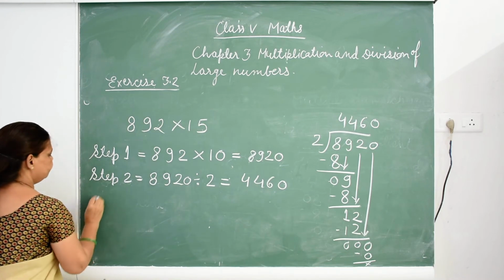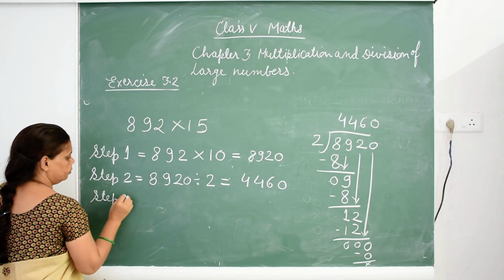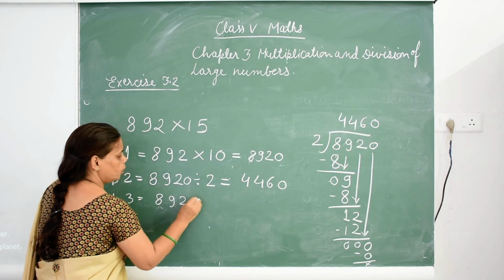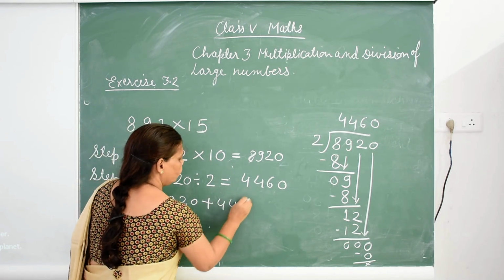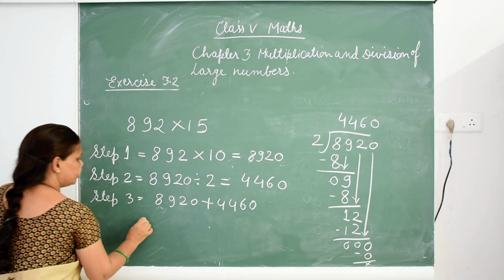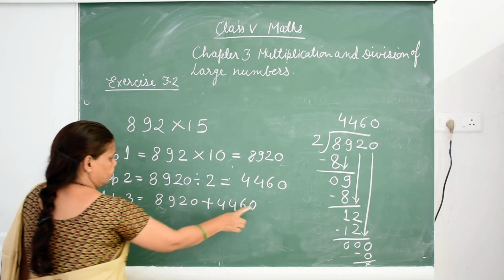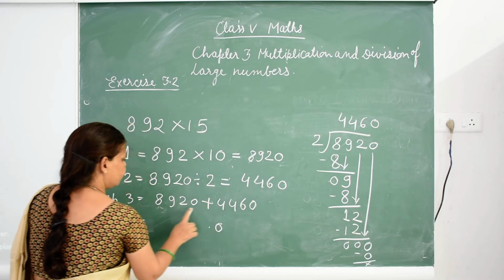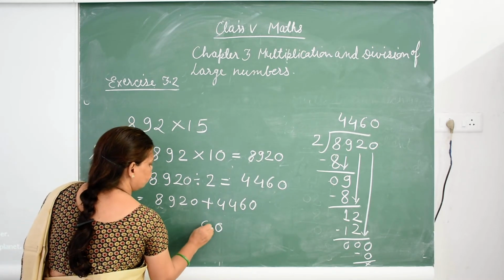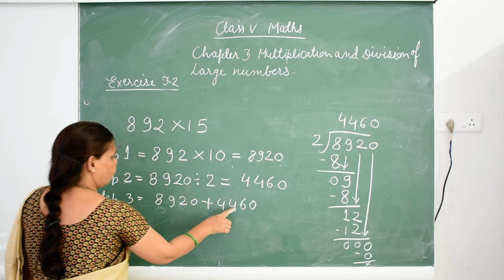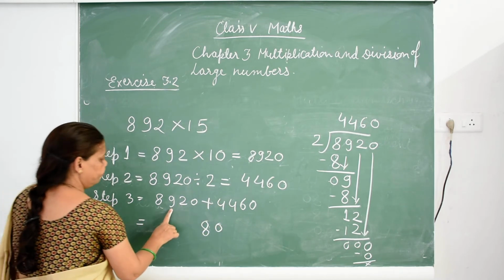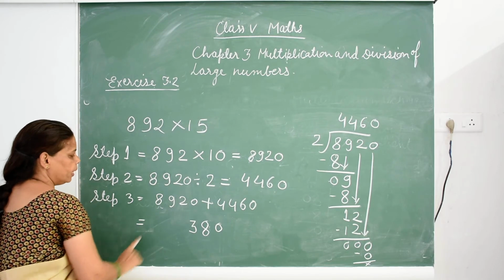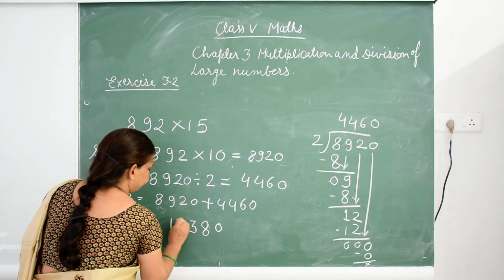Now step 3. 8 9 2 0 plus 4 4 6 0, plus it. 0 plus 0, 0. Now 6 plus 2, 8. Now 4 plus 9, 13. Carry over 1. 4 plus 1, 5. 5 plus 8, 13.